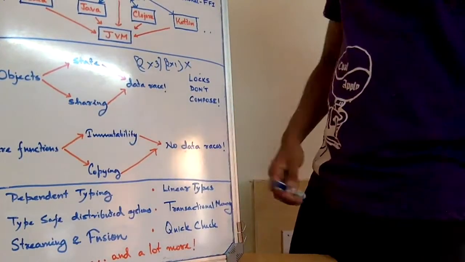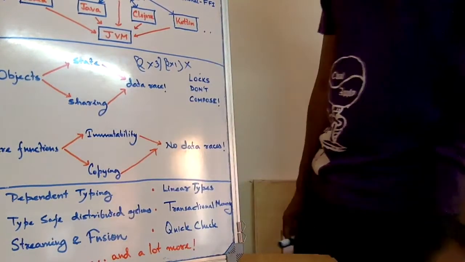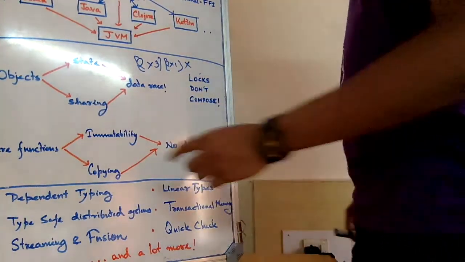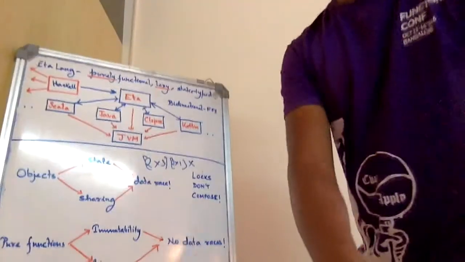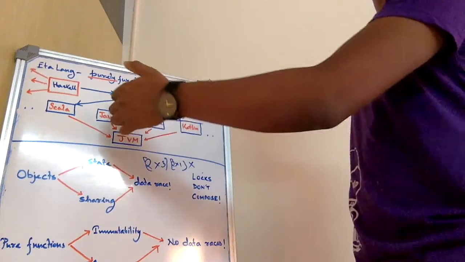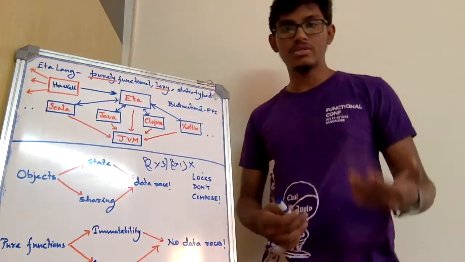Apart from that, there are a lot of other features. For example, I want to talk about type-safe distributed systems, where I'm going to demonstrate a small example. Some things are not actually possible in Haskell, which is a really good advantage of object-oriented languages like Java, which has reflection.